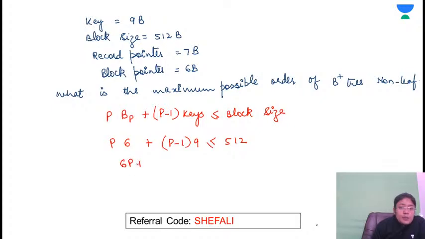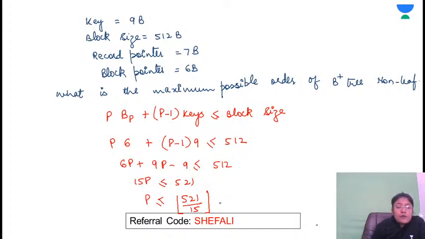So 6P plus 9P minus 9 is less than or equal to 512. This comes out to be 15P less than or equal to 521. P is less than or equal to 521 divided by 15. Since it is less than, we have to take the lesser value, so we use the floor function, and this comes out to be approximately 34.